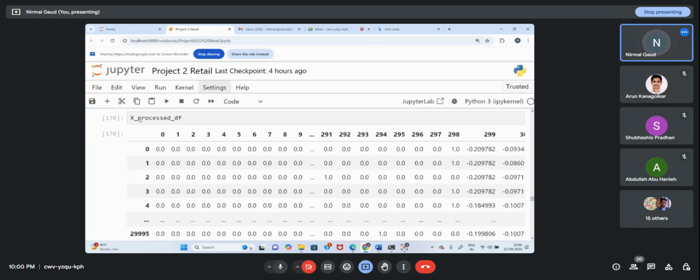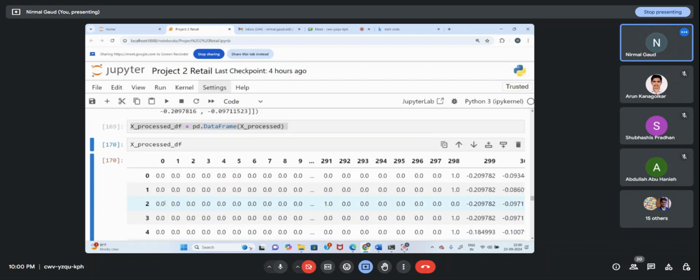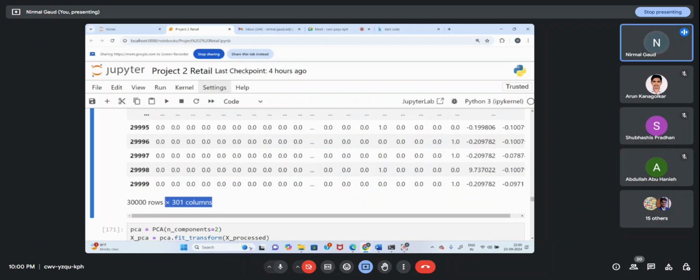Still I am having 301 columns and 30,000 rows available to us. This much we are having, 30,000 rows and 301 columns.